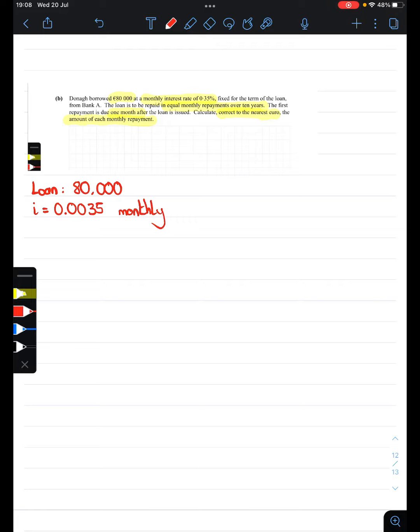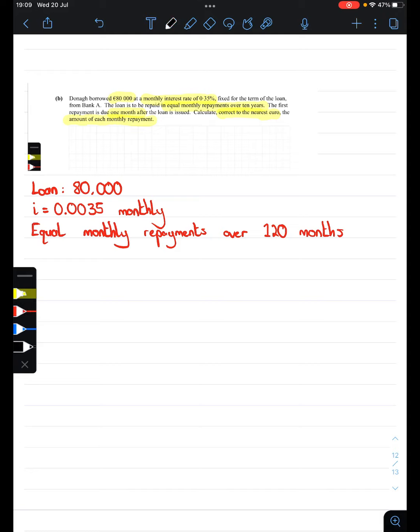And it's over 10 years, with equal monthly repayments. So that's 120 months. Let's actually just write it like that. Over 120 months.